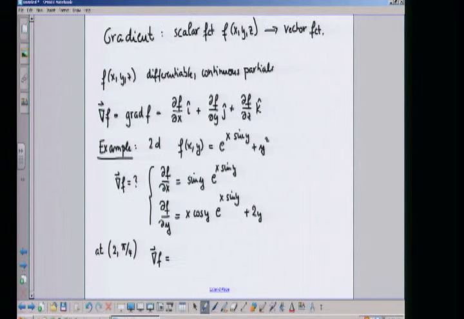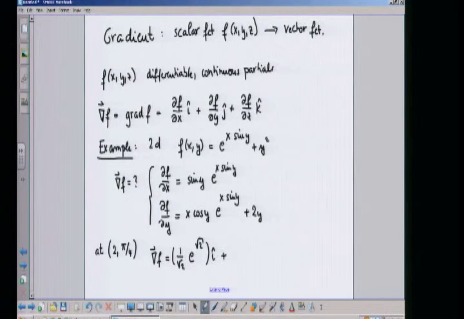Sine of pi over 4 is 1 over square root of 2. So it's 1 over square root of 2 times e to the x times sine y. X is 2. 2 times 1 over square root of 2 is square root of 2, right? So e to the square root of 2. And all this multiplies i.